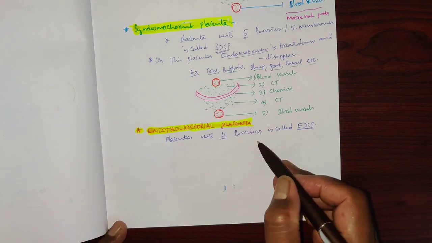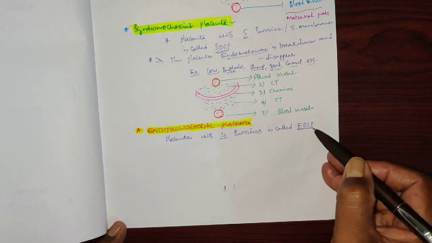A placenta with 4 barriers or 4 membranes is called endotheliochorial placenta.